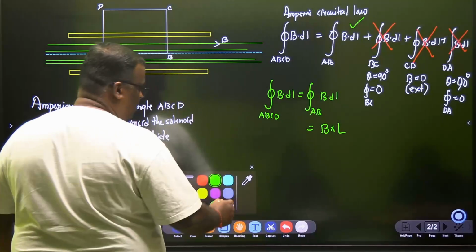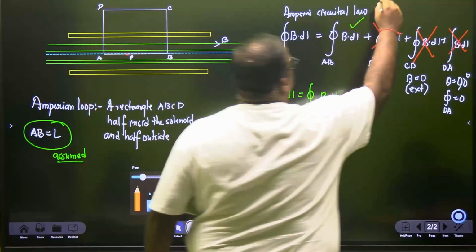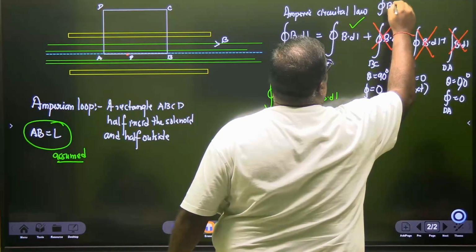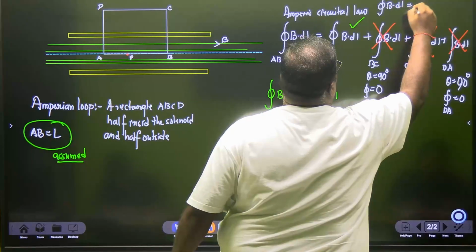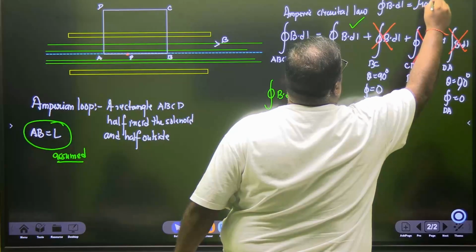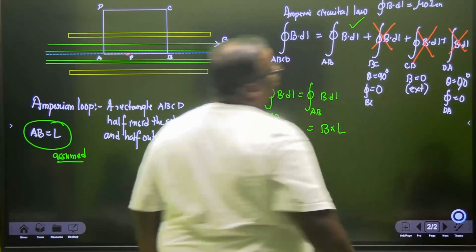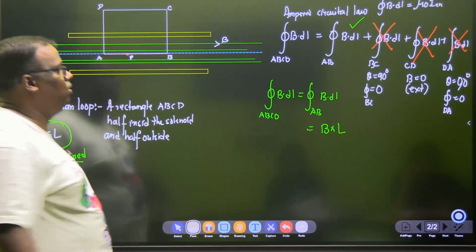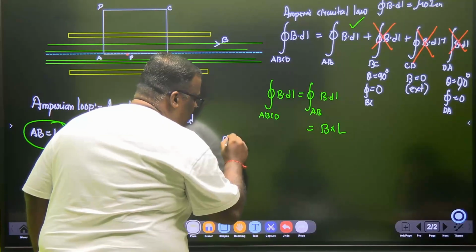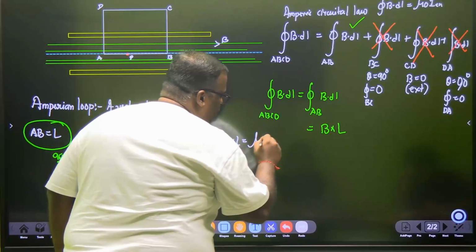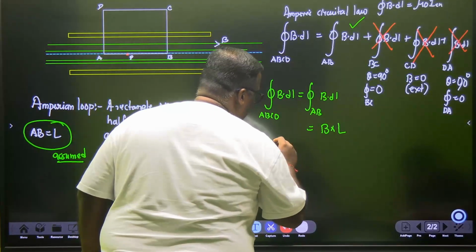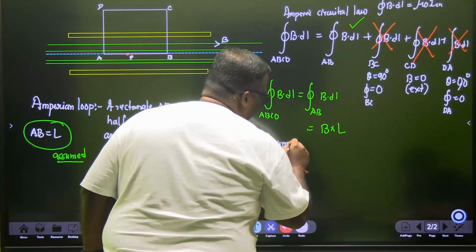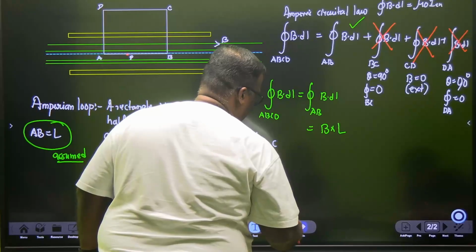Now come back to Ampere's circuital law. It tells me that the closed loop integral of B dot dl should be equal to mu naught times the current enclosed. That means B into L is equal to mu naught times what? Current enclosed.